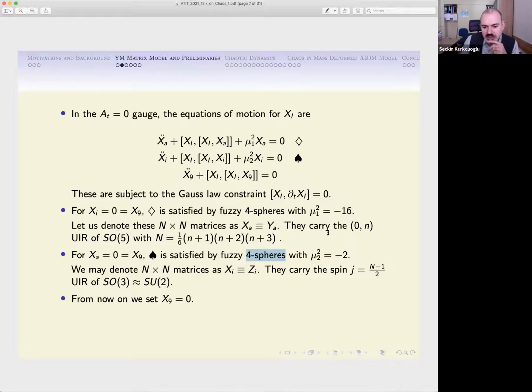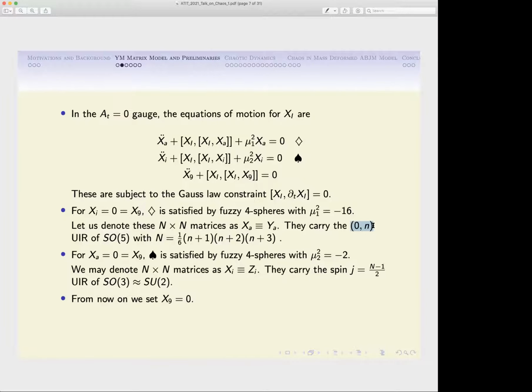This comes from the n-fold symmetric tensor product of the 0,1 representation, the four-dimensional representation of SO5. Are these Dynkin labels, 0 and n? Right, they are the Dynkin labels.